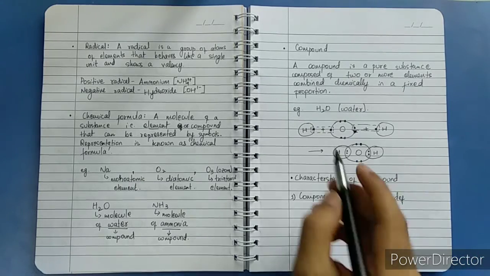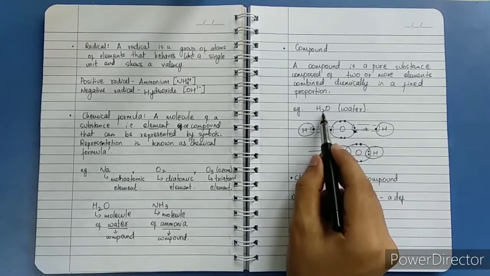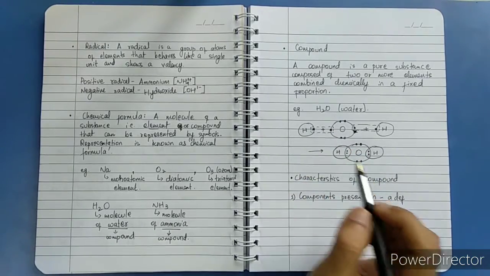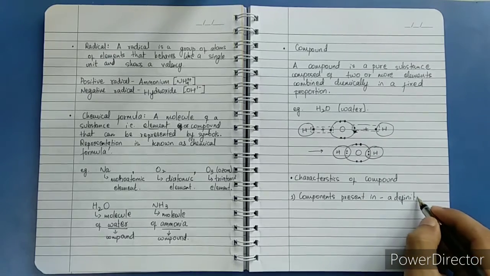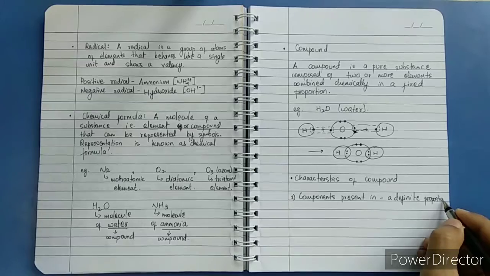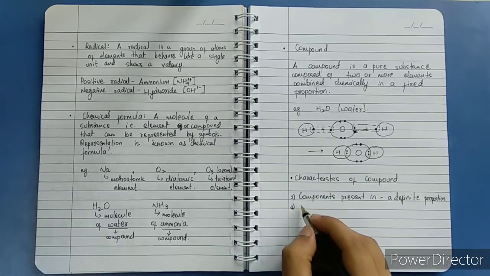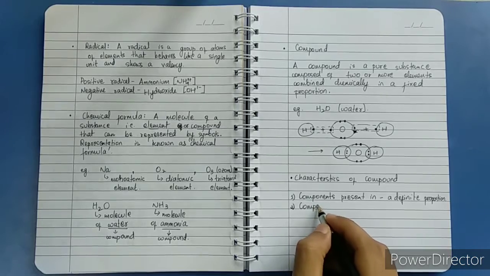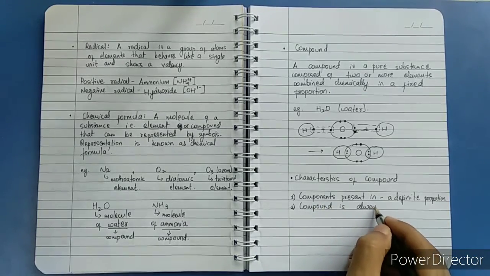That is, for water, 2:1, 2 atoms of hydrogen and 1 atom of oxygen. So this is a definite proportion. Number 2: a compound is always homogeneous.